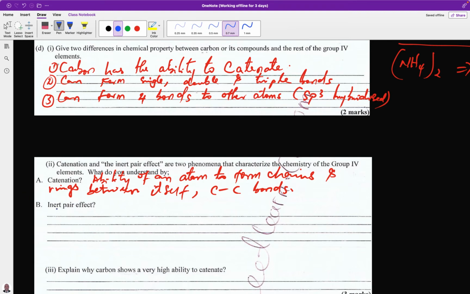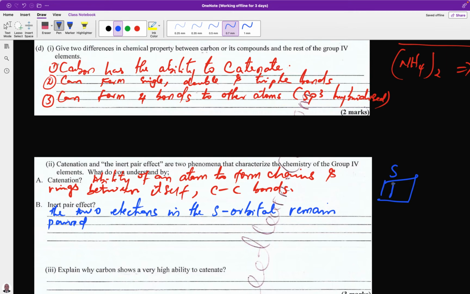The inert pair effect is a phenomenon where the two electrons in the s orbital or s subshell remain paired, and do not participate in bonding.